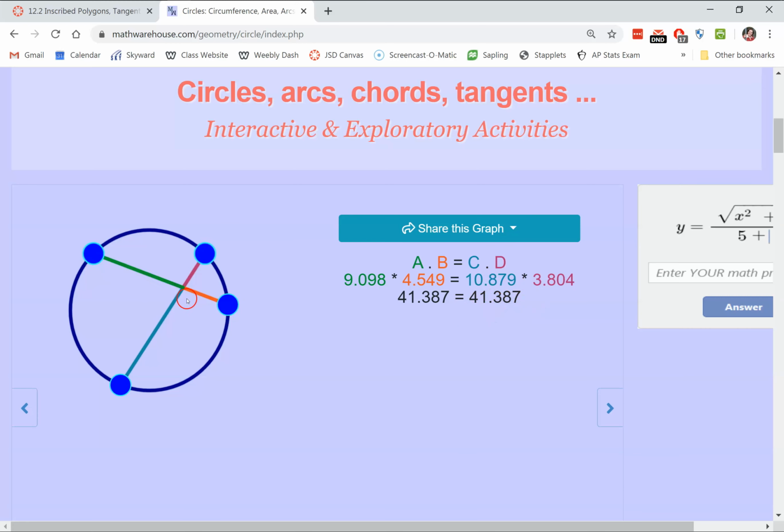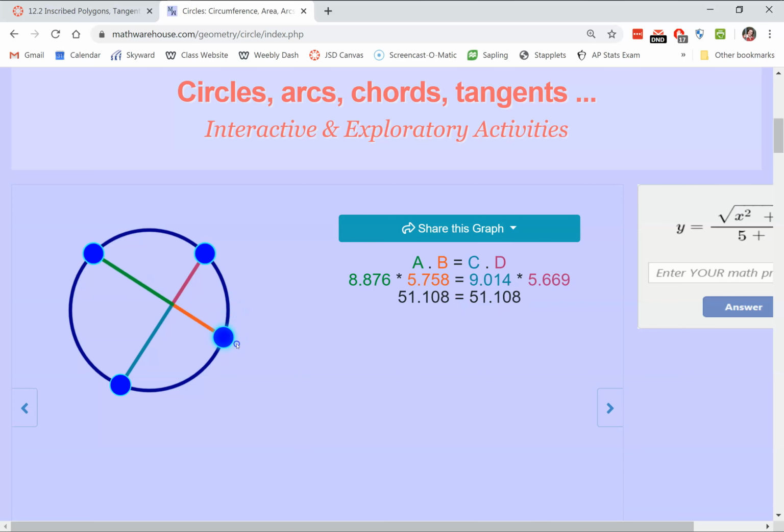41.387. Now this chord, the green piece, the longer piece, is 9.098, and the red piece, the shorter piece, is 4.549, and you multiply those and you still get 41.387.